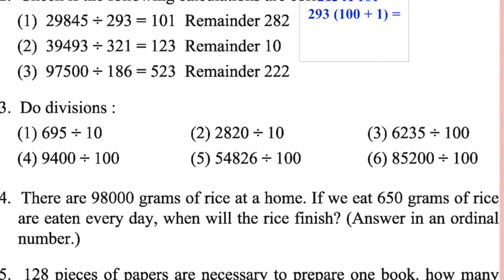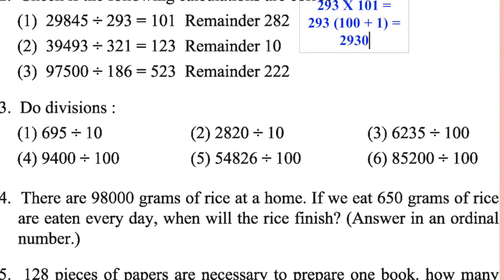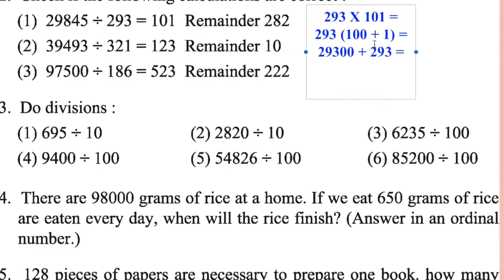So it is going to be 293 plus 293. Then how am I going to add this number to this? First add 200. Then this becomes 500. This 200 will vanish. 93 will come directly.